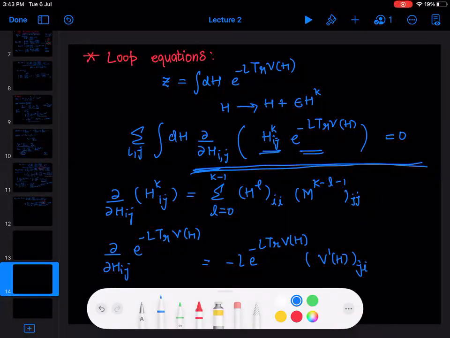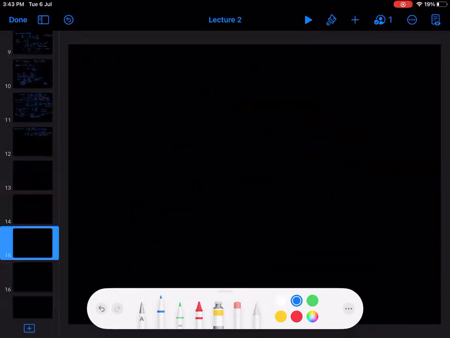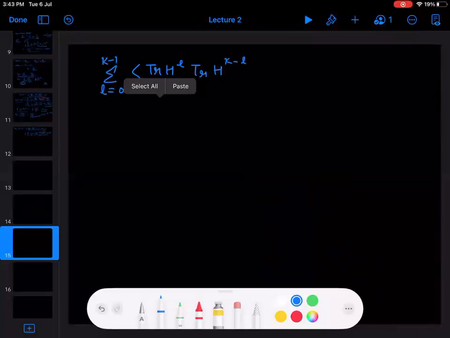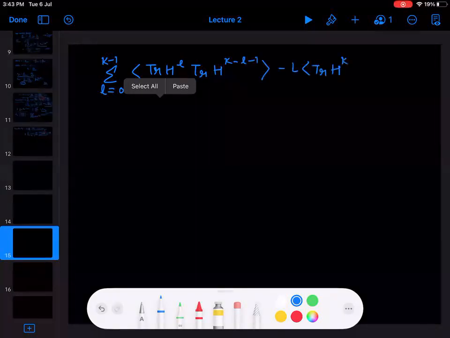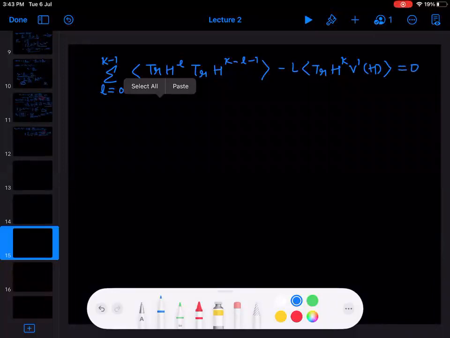I'll substitute these two expressions in the equation, and what I ultimately get is this equation. This is my loop equation.